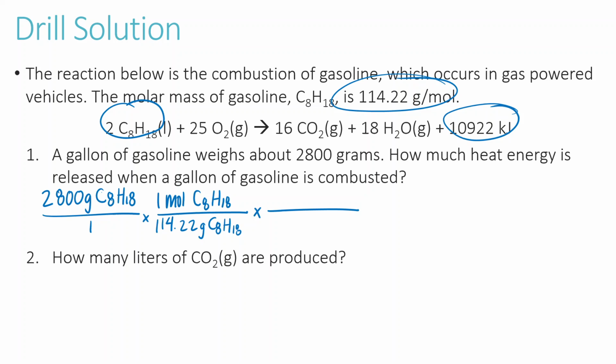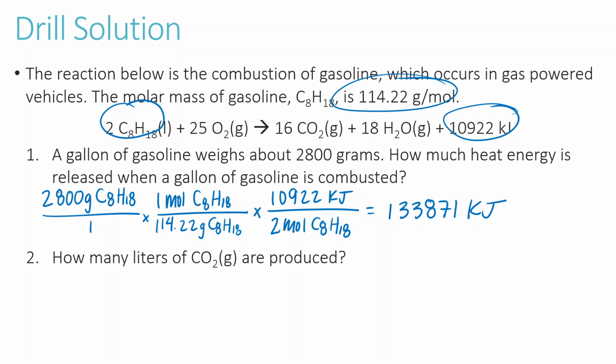So from the balanced equation, we know that for every 2 moles of C8H18, we're going to release this amount of energy in kilojoules. So solving my answer, here's what I get. And I just went ahead and rounded to the ones place.